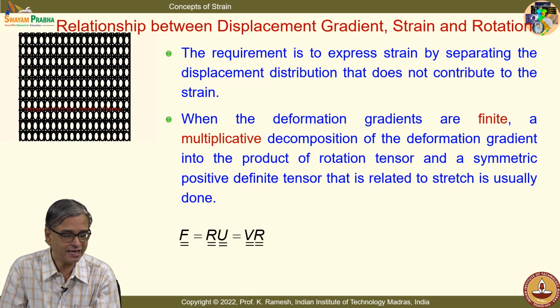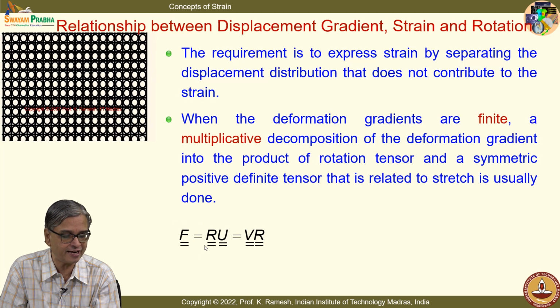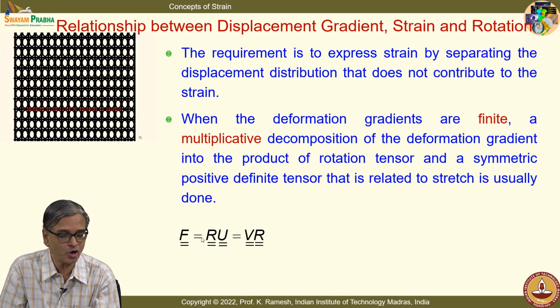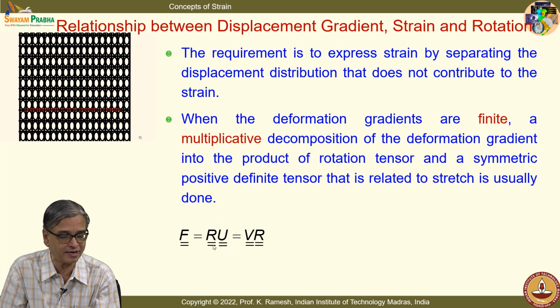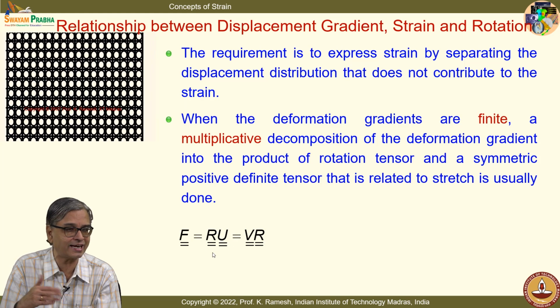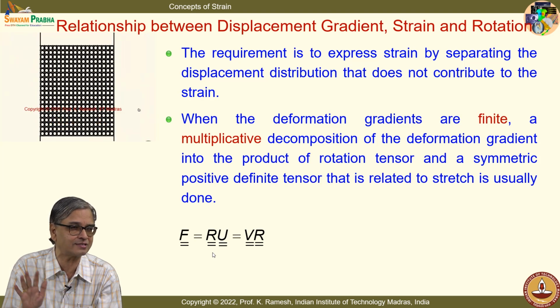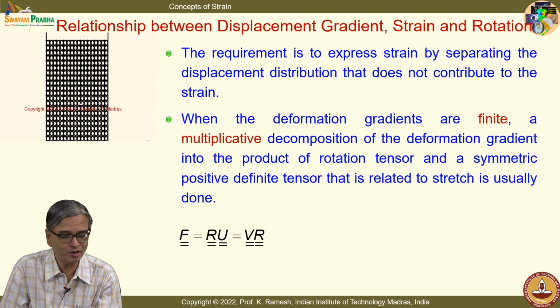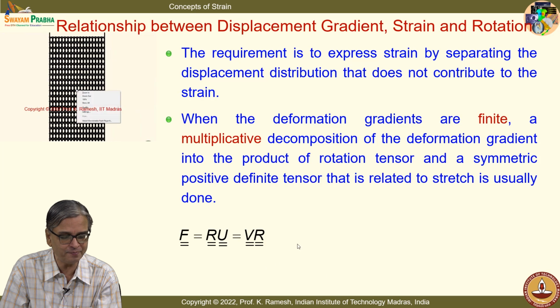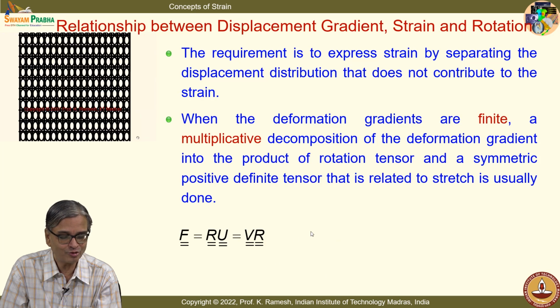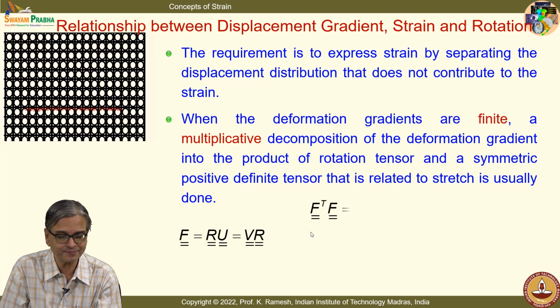Here you write the deformation gradient tensor either as a product of R into U, where R is a rotation matrix, and when U is on the right side or left side, they call it right stretch tensor, left stretch tensor, all the symbolism that they use. We will not get into them, but at least you understand those words are used.